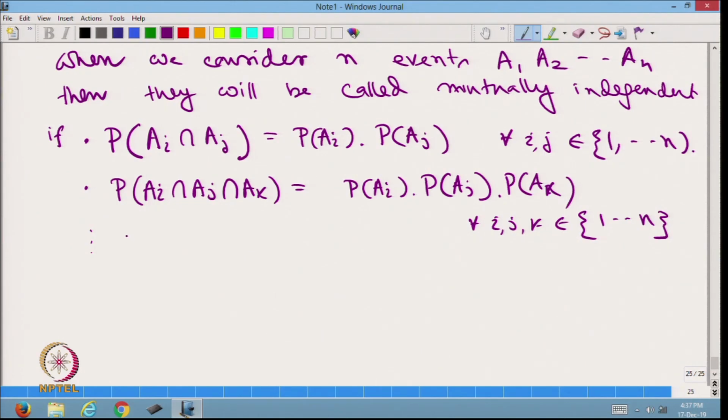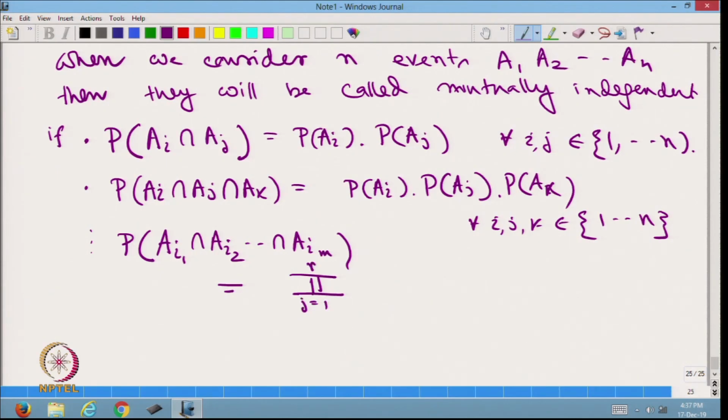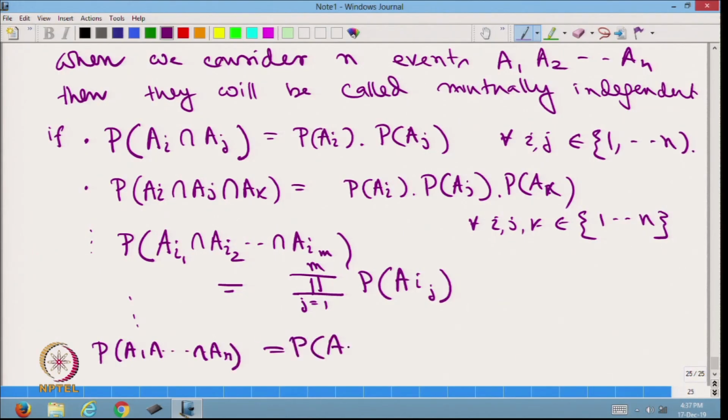Therefore, we can write probability of A i1 intersection A i2 intersection up to A im is equal to the product over j equal to 1 to m of probability of A ij, where each subscript belongs to 1 to n, and finally probability of A1 A2 up to An is equal to probability of A1 into probability of A2 up to probability of An.